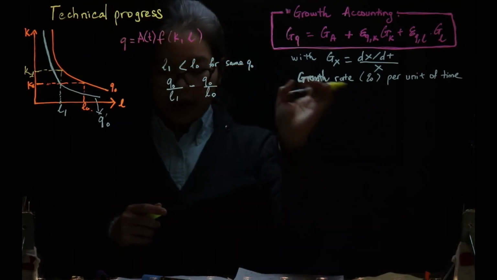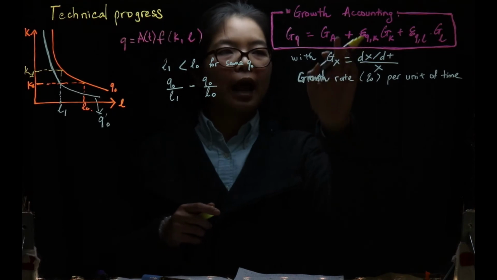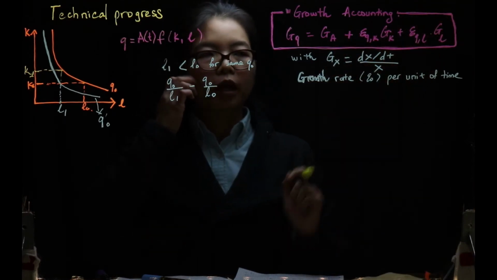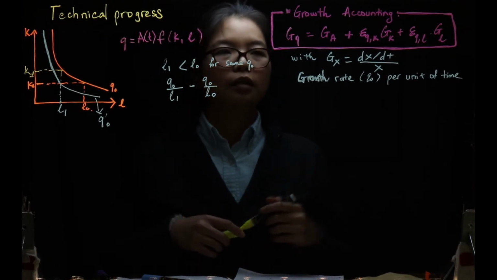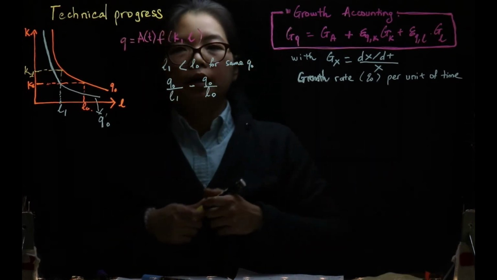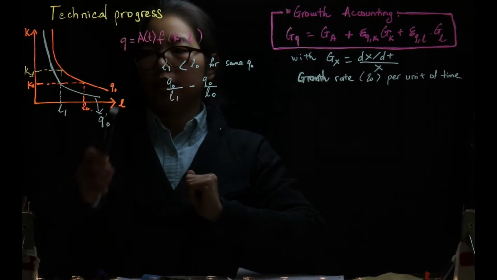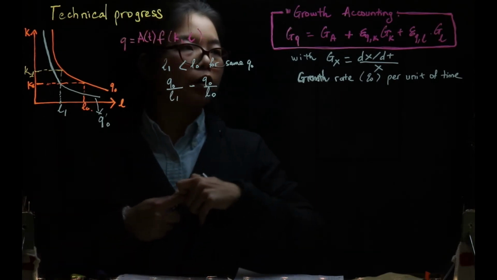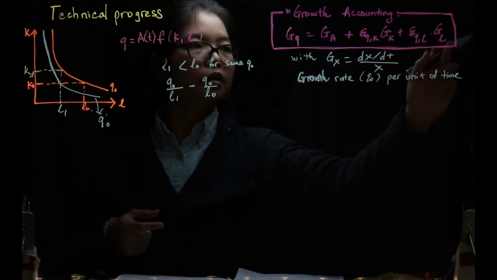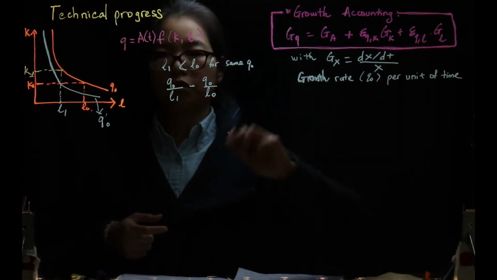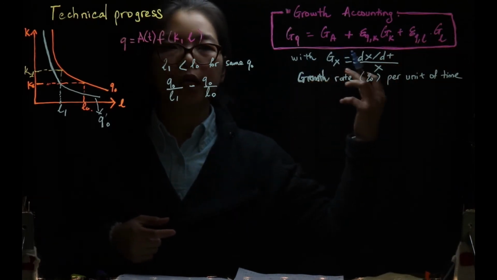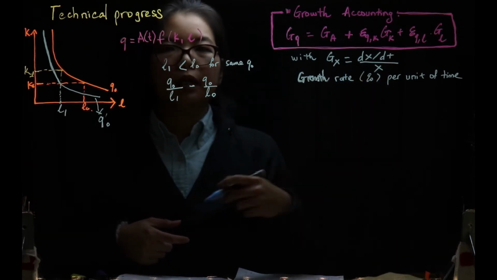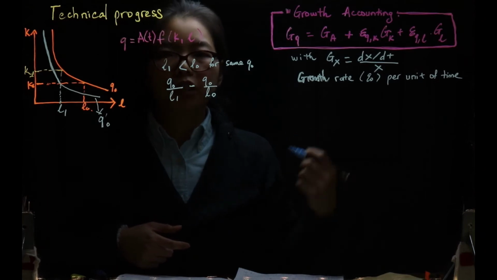So now we will see how we arrived at this, and also how we use it to calculate technical progress and to distinguish the two cases. But first, let me write down here. Because here we have the growth rate of K and L, that means we can assume the case that K and L are also growing over time.